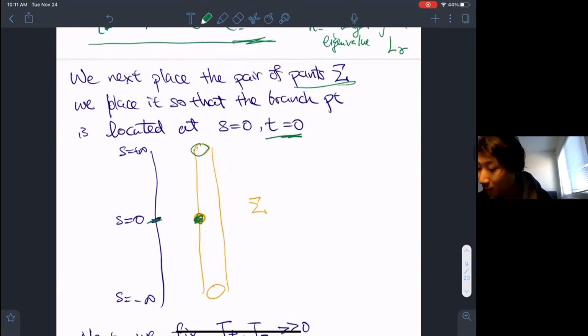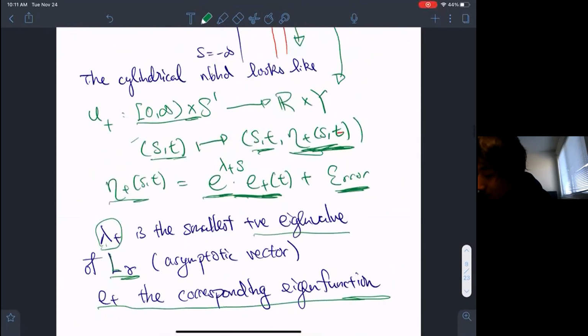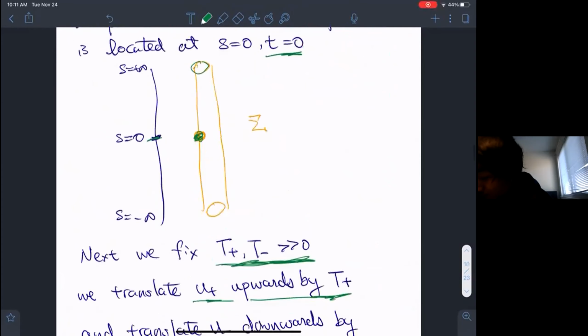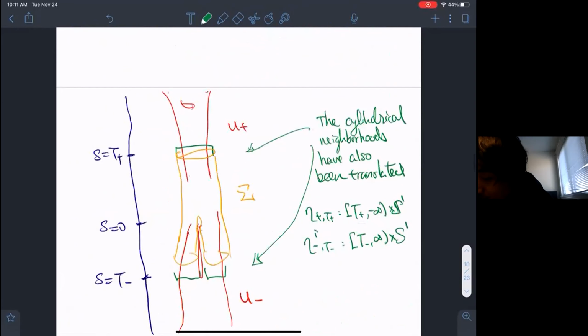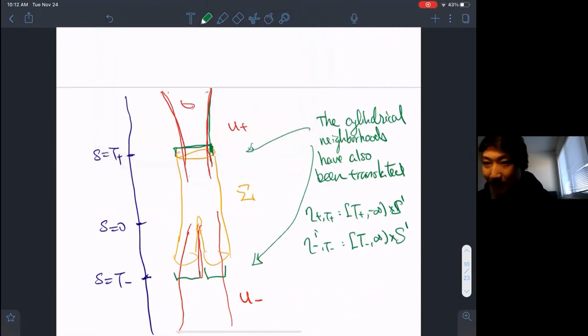Okay, so in the previous picture, the cylindrical neighborhoods were all at 0, as I remind you here. And now we're going to translate them. I'm going to translate U plus upwards, let me use red here, so that the cylindrical neighborhood starts at s equals T plus.